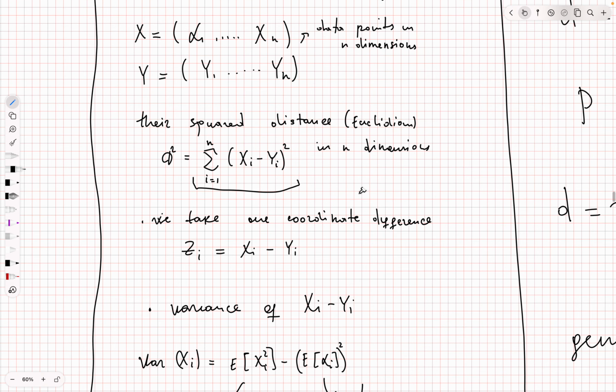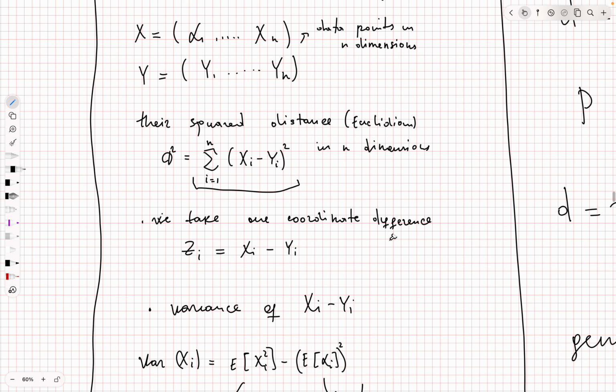What it means is that, for example, if our data points are 2-dimensional, we are just going to take one component difference, one coordinate difference. Let's say x is equal to x1, x2, and y is equal to y1, y2.